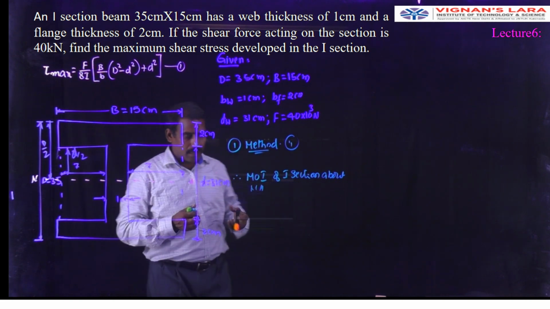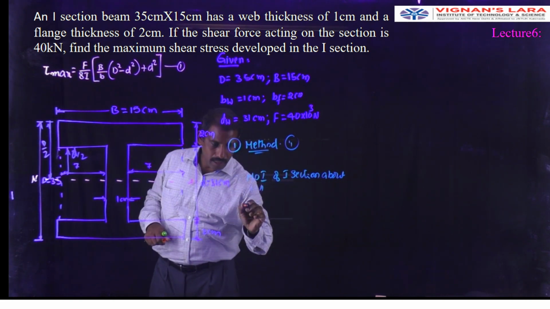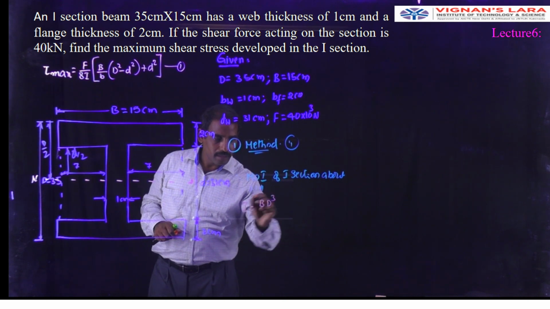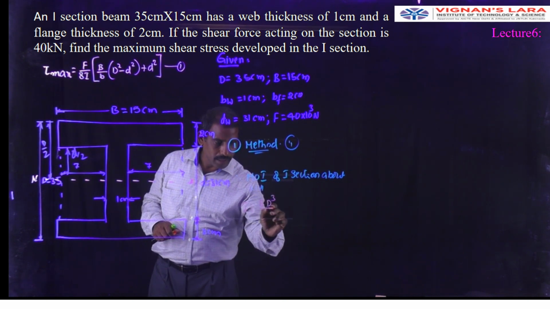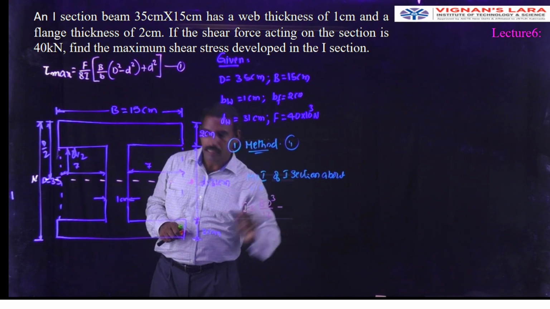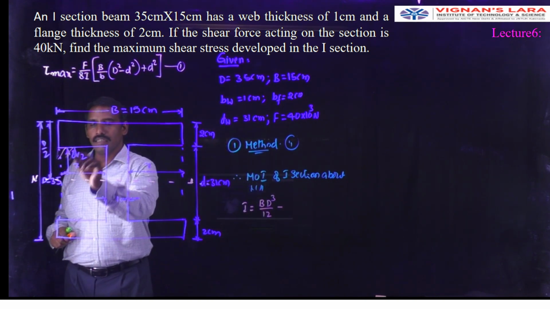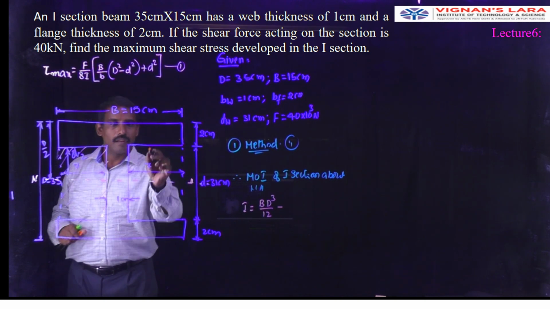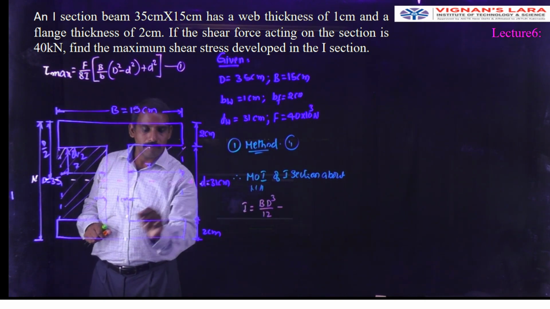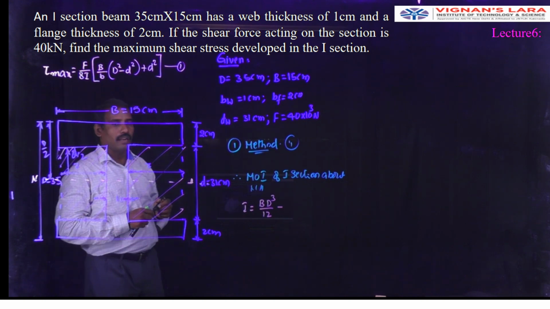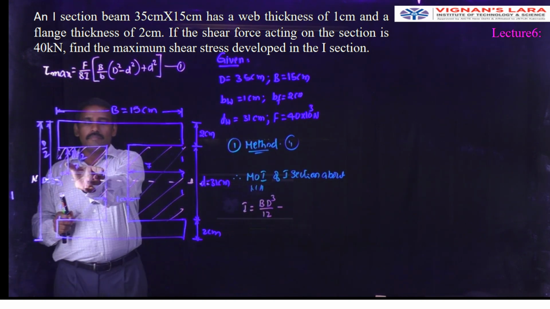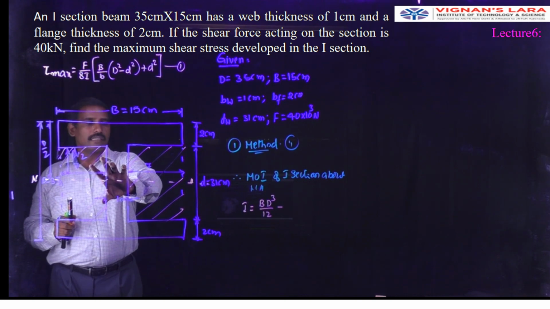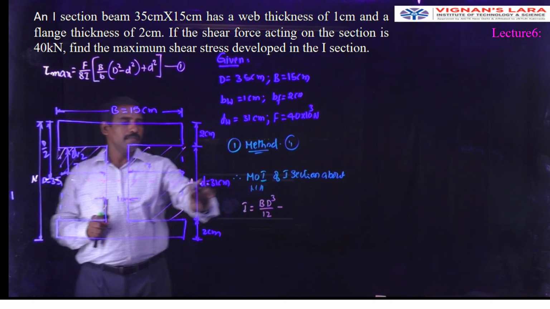Finally, the moment of inertia about the neutral axis, I, is equal to capital B into small d cube by 12 minus, let us consider the hatched portion, which is to be subtracted from the total. The base of this one is 2 times b1, and the depth of this hatched portion is 31.